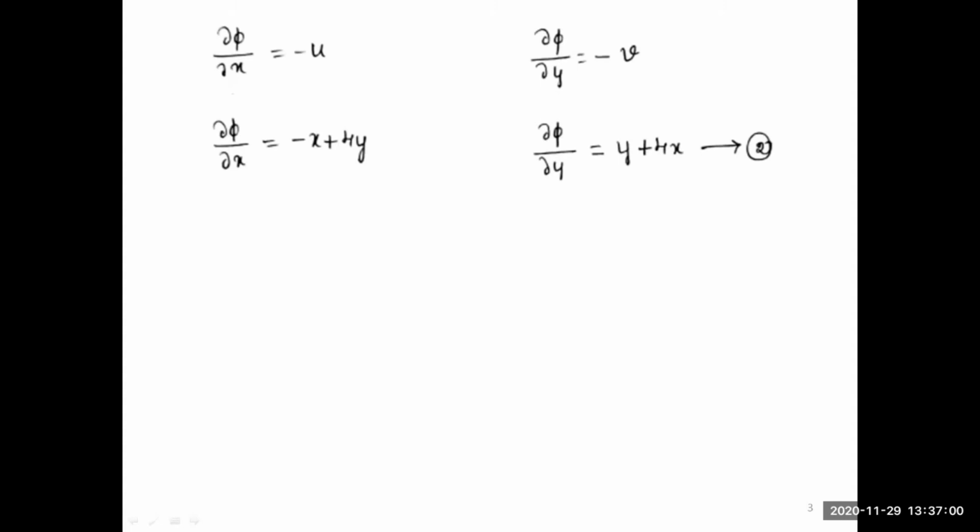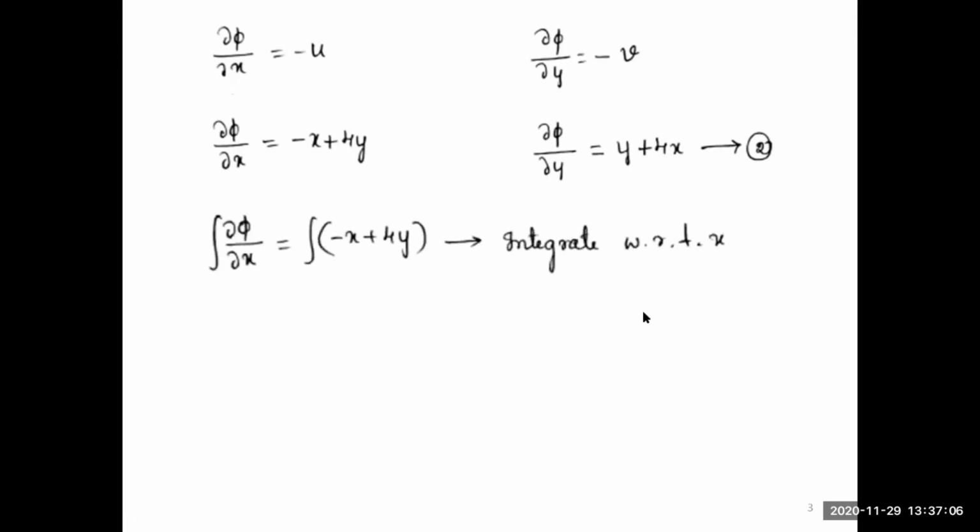Name this dou phi by dou y as equation number 2. Now to get the value of phi, you have to integrate dou phi by dou x with respect to x.